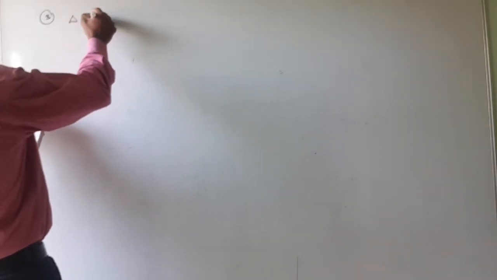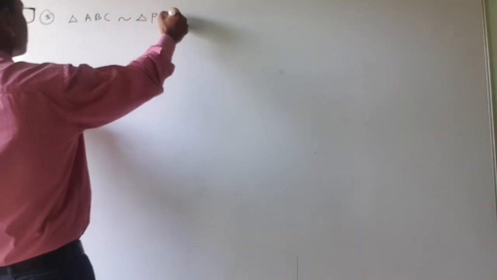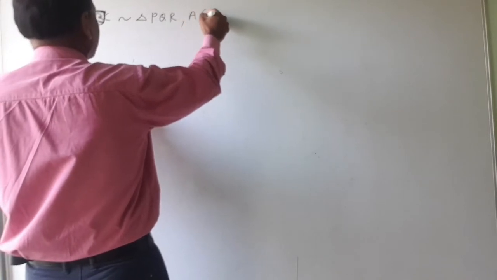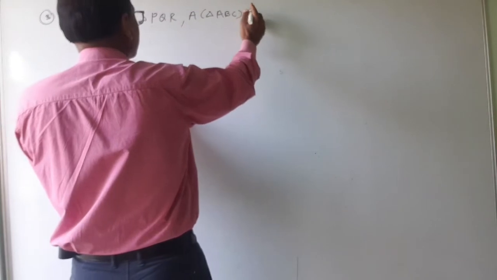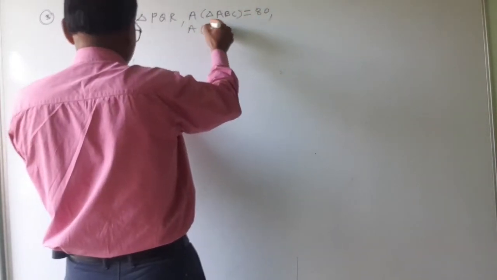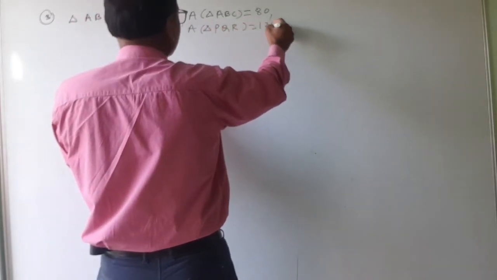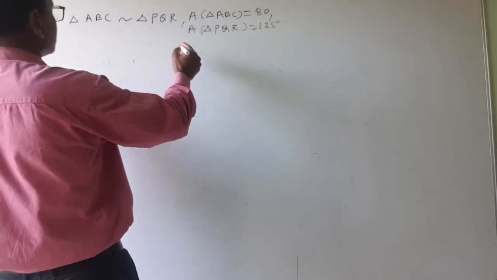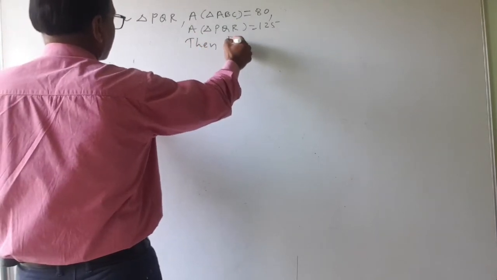Triangle ABC is similar to triangle PQR, and area of triangle ABC is equal to 80. Area of triangle PQR is equal to 125. Then fill in the blanks.